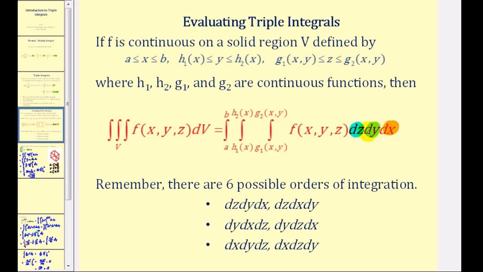And if we integrate with respect to y second, the limits of integration with respect to y must be expressed as functions of x. And then lastly, the limits of integration for x would be constants.